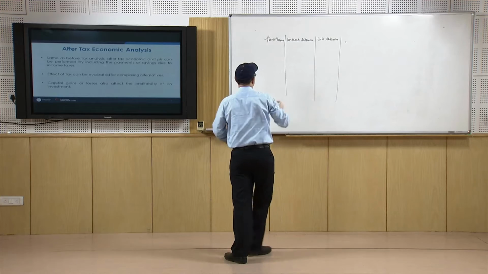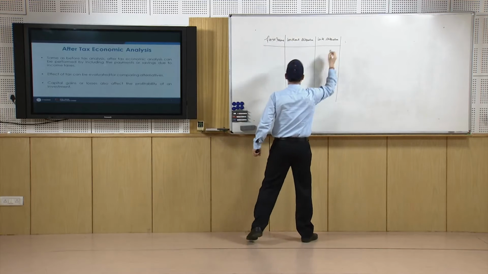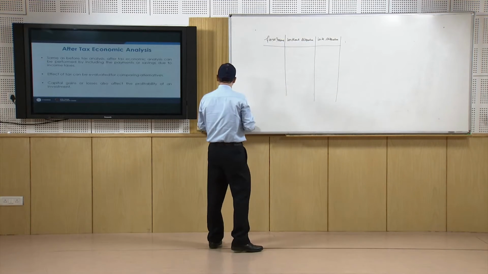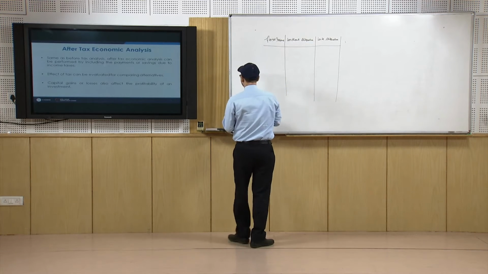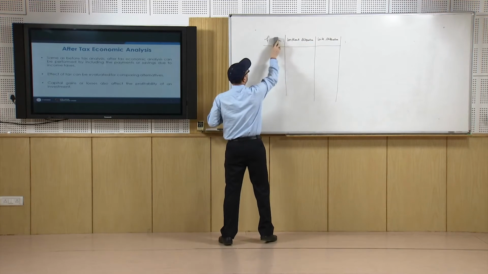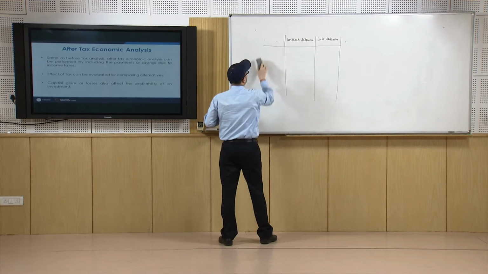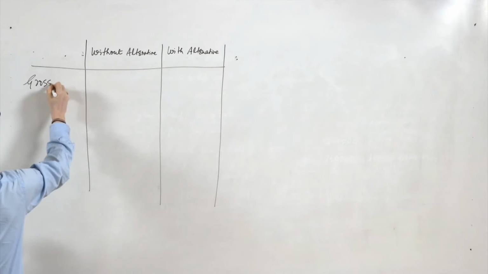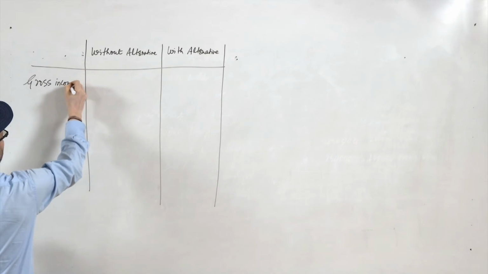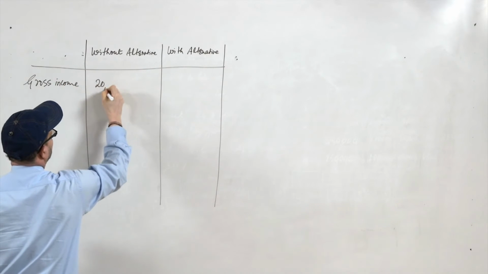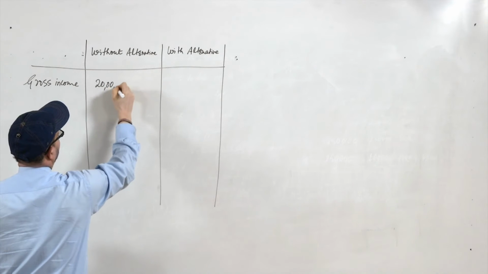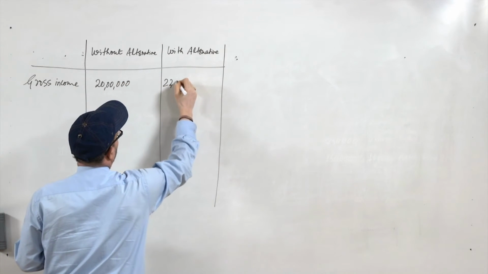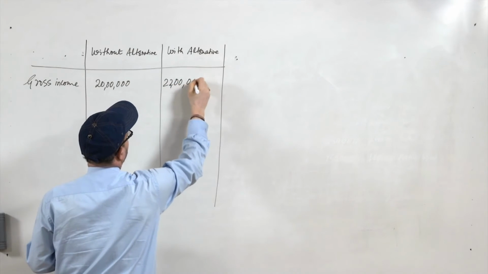So, it has been seen that the gross income is reported as 20 lakhs without alternative and 22 lakhs with alternative.